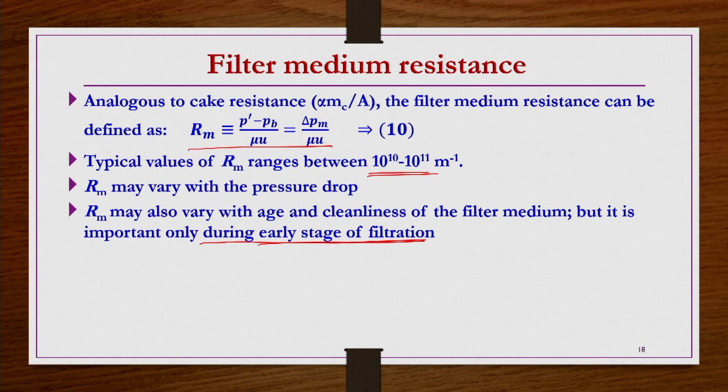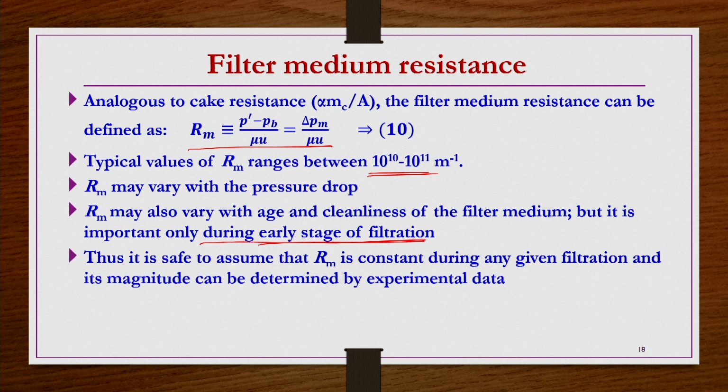So, the filter medium resistance is going to be important only at the early stage of the filtration. Thus, it is safe to assume that Rm is constant during any given filtration, and its magnitude can be determined by experimental data. How to determine this magnitude, we are going to see.